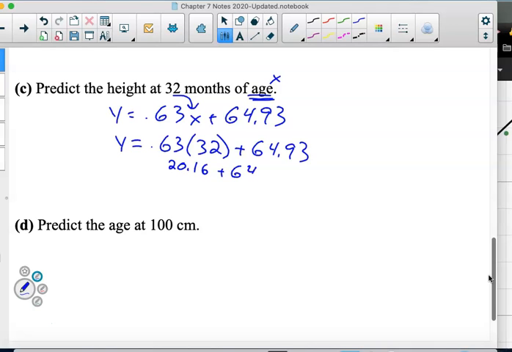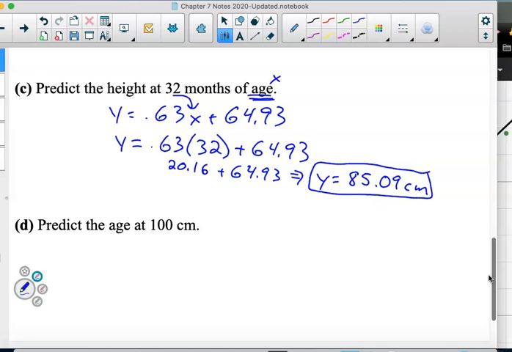And then I add on the 64.93. And so my y value is 85.09, or essentially 85 centimeters. So in theory, the average height of a kid at 32 months should be 85 centimeters in this village that we're talking about.